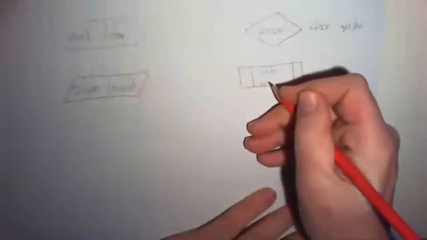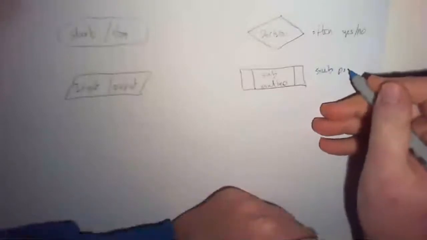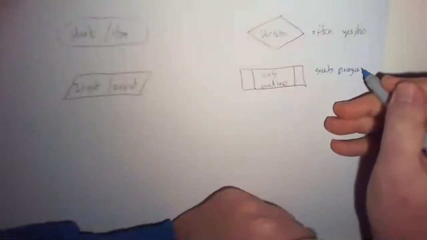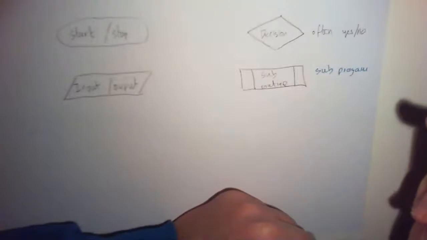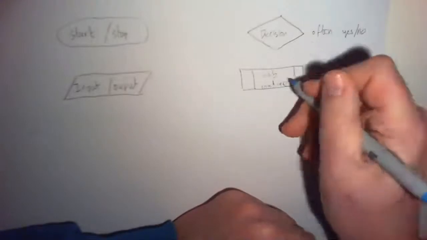You will also see a rectangular box looking like this sometimes, and this contains what's called a subroutine. A subroutine is like a subprogram. The subprogram could link to another program, but they've just put the subroutine in there.